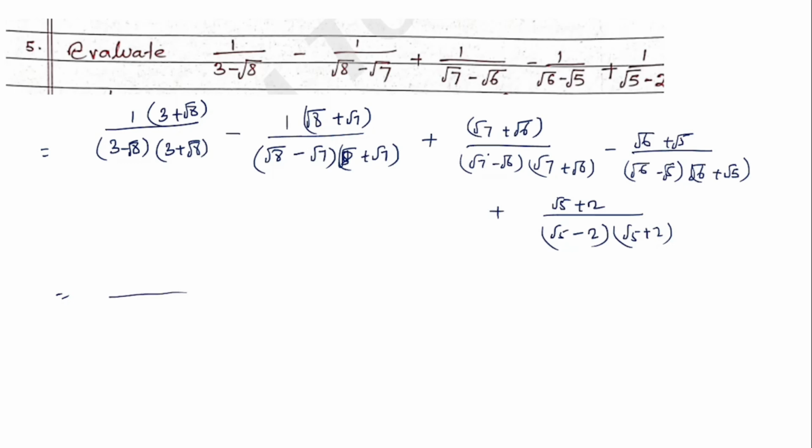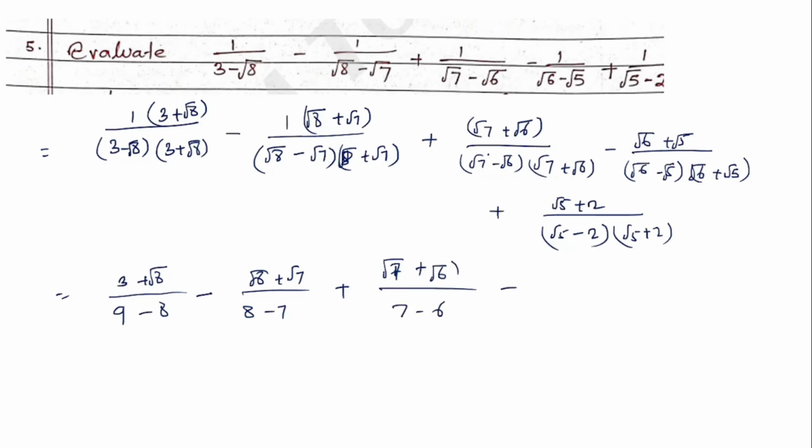A square means 3 square, that is 9, b square, that is 8, because root 8 square is only 8. 3 plus root 8, minus root 8 plus root 7 by 8 minus 7, plus root 7 plus root 6 divided by 7 minus 6, minus root 6 plus root 5 divided by 5 minus 4, because 2 square is 4, plus 6 minus 5, then root 5 plus 2 divided by 5 minus 4.